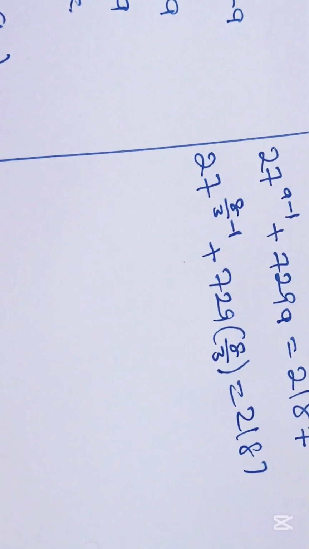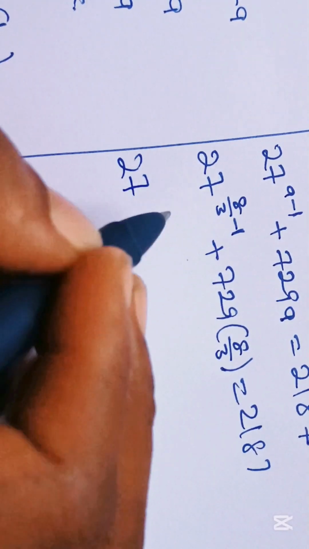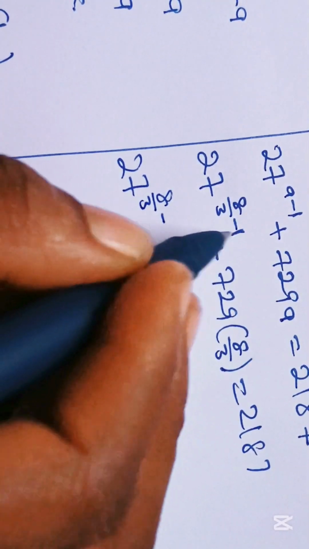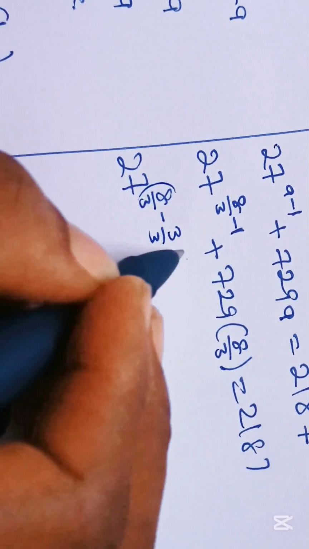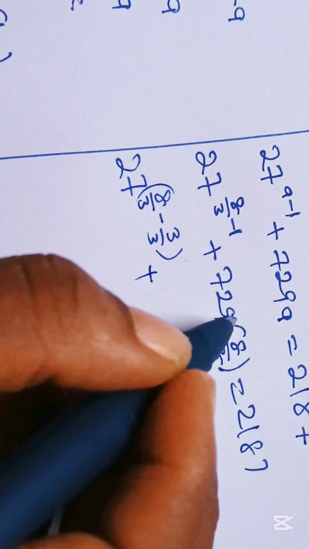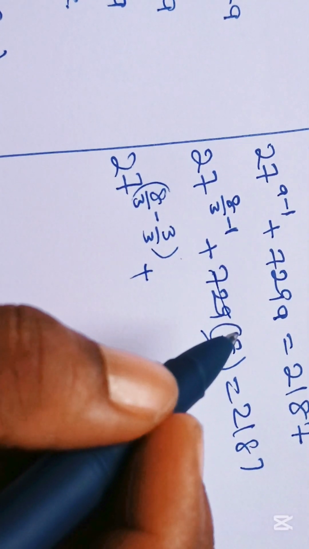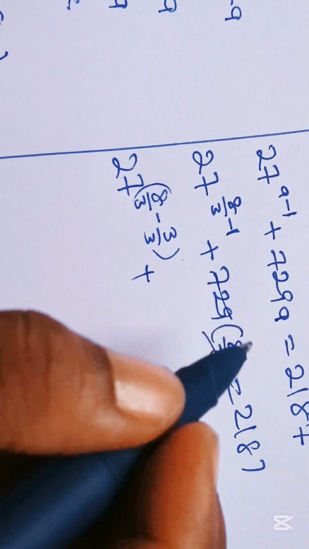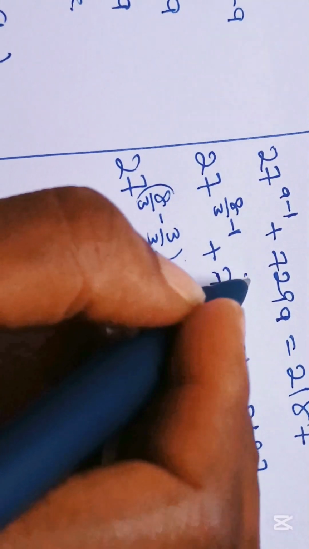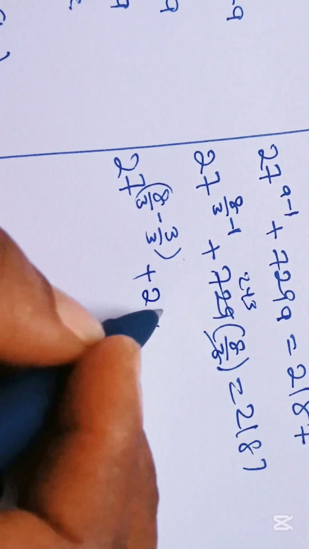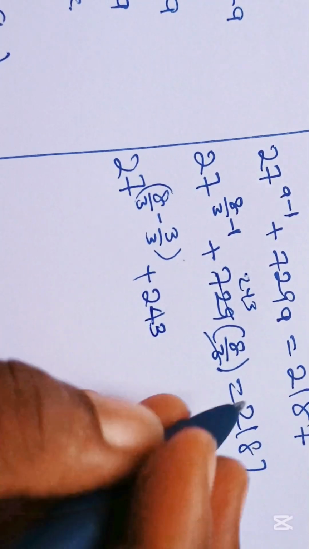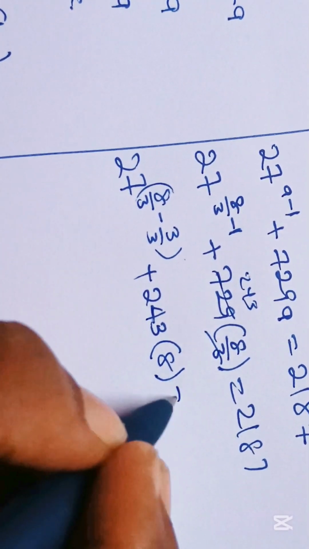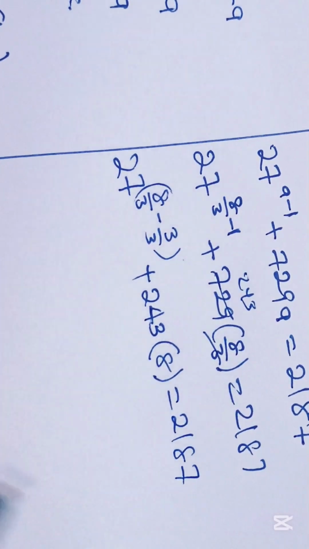So 27 to the power of 8 over 3 minus 1 is the same thing as 3 over 3. Plus, now we divide 729 by 3 and we get 243. So we have 243 here, multiplied by 8, is equal to 2187.